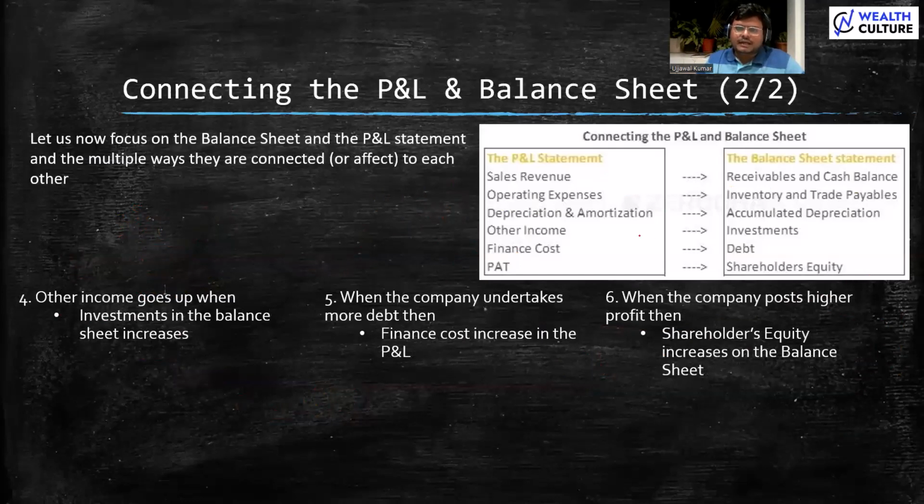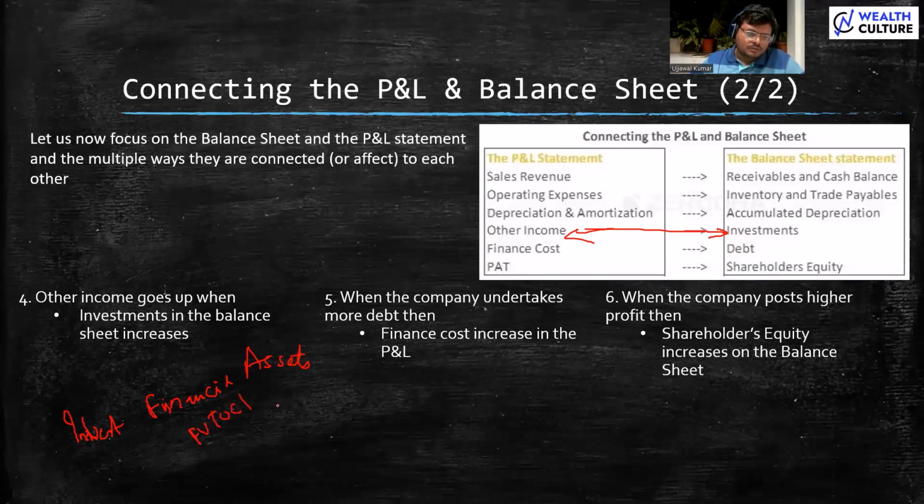Let's look at other income. So other income is connected to investments, because when you do investments in financial assets, right? Either you will do fair value through other comprehensive income, or fair value through P&L, and then you will also receive dividend or interest, which obviously is part of the P&L, right?